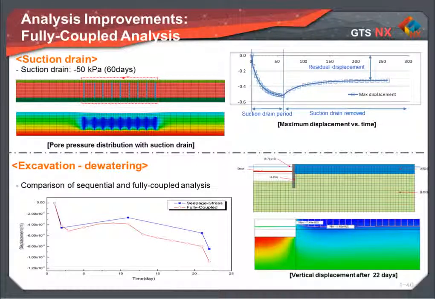These are some simple examples of problems that can be accurately analyzed only by performing fully coupled analysis. In this type of analysis, all kinds of seepage boundaries such as nodal head, flux and review can be applied during stage stress analysis. This allows us to simulate methods like suction drain, or for example we can check the displacement or member forces including variation of water level with time in construction stage analysis.